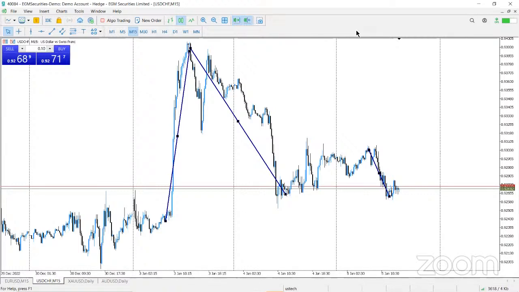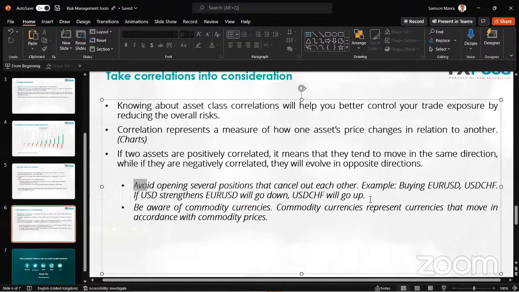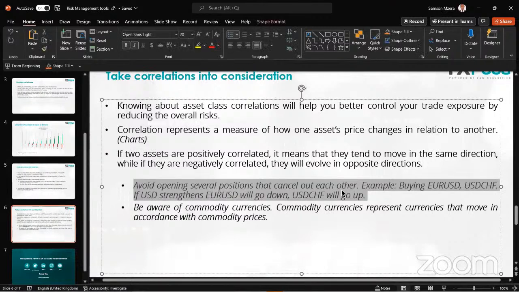So if I was to go back to these slides, first thing here it says is avoid opening several positions that cancel each other out. Because at the end of the day, if you take multiple positions and they start canceling each other out, that means you're not doing anything per se.